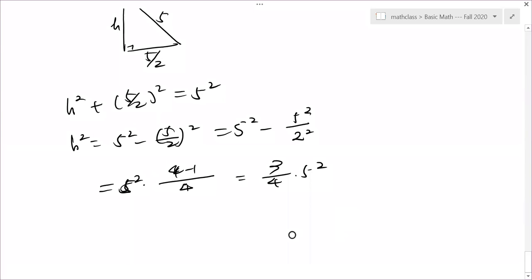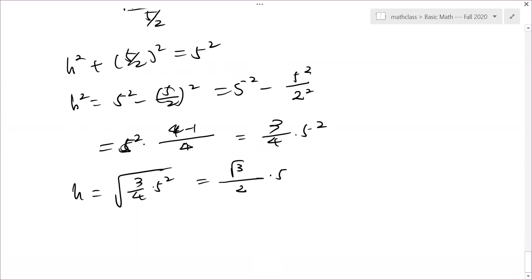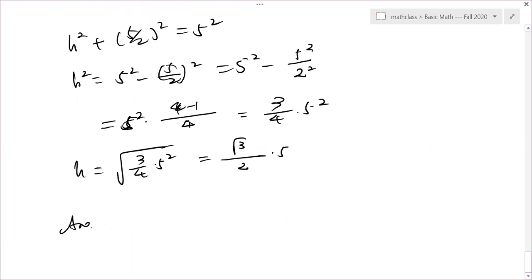Okay. So now if you take the radical of h, the square root of 3 and the square root of 4 is 2, and you have 5. The square root of 5 squared is 5. So this is h. Once you find h, then you find the area. Area of the triangle is going to be half of the base.